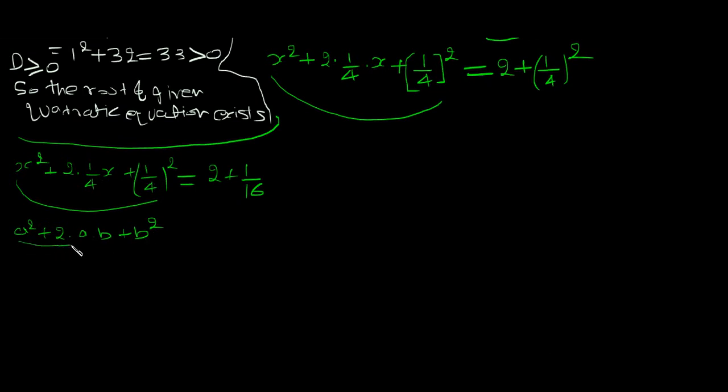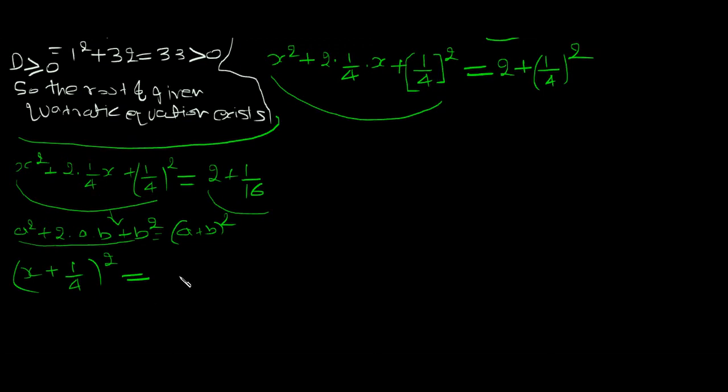I can write this as a plus b whole square, because a is x and b is 1 by 4. So this will become x plus 1 by 4 whole square is equal to, I will solve this term.